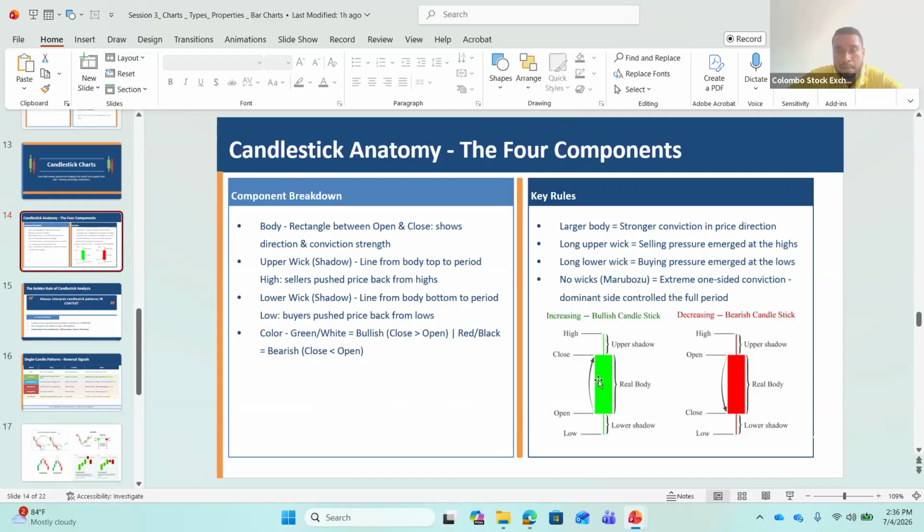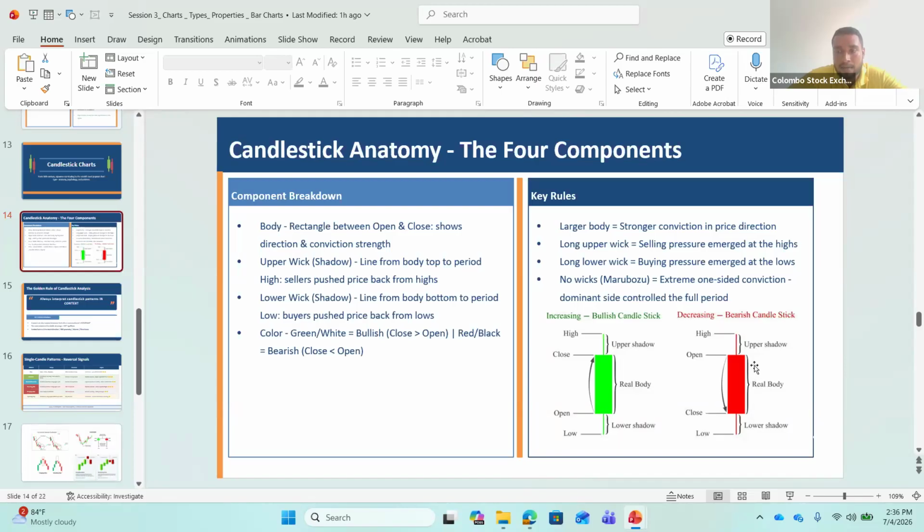In a green candle, this is the starting point of the body, the opening price, at this point, and the closing price is the top of the body at this point, right? These two wicks at the top and the bottom are called shadows, and we can call this the upper shadow or the upper wick, and the wick at the bottom of the body we can call the lower shadow or the lower wick.